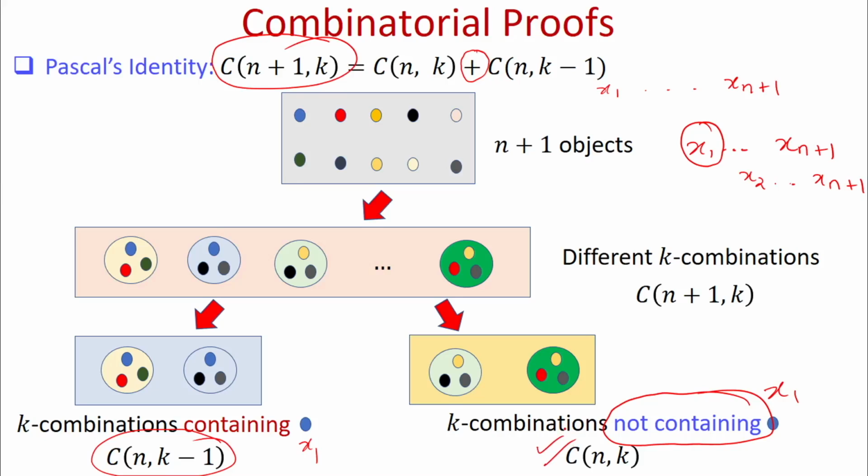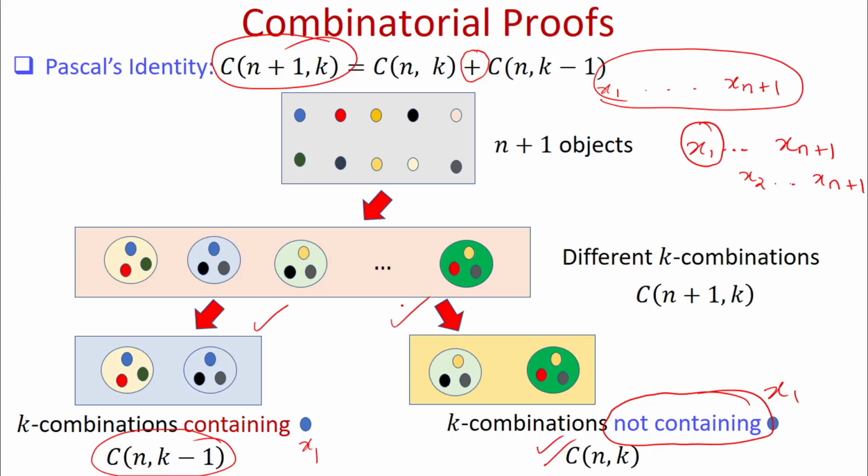And now, if I focus on the different k combinations that I can have out of x1 to x of n plus 1, I can have either a k combination of category 1 or a k combination of category 2. Namely, in the k combination, either x1 is there or x1 is not there. I can't have any third possible category.